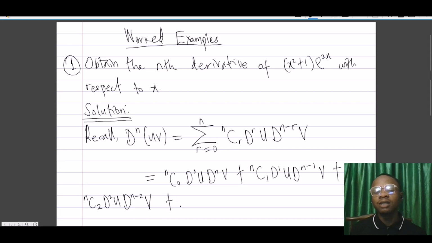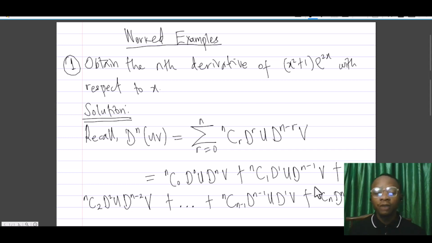And that continues like that, up to n combination n minus 1, the (n minus 1)th derivative of u, the first derivative of v, plus n combination n, the nth derivative of u, the 0th derivative of v.